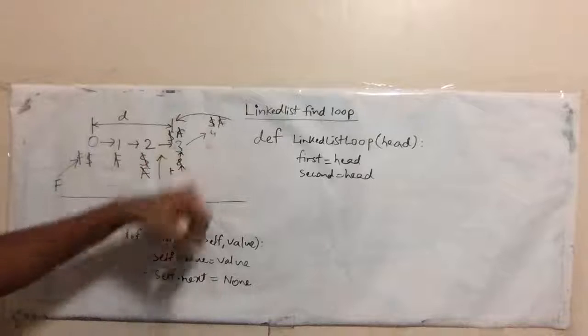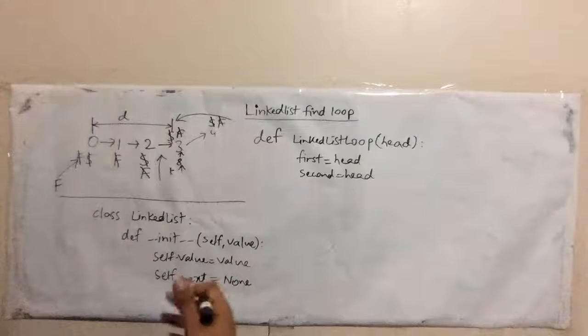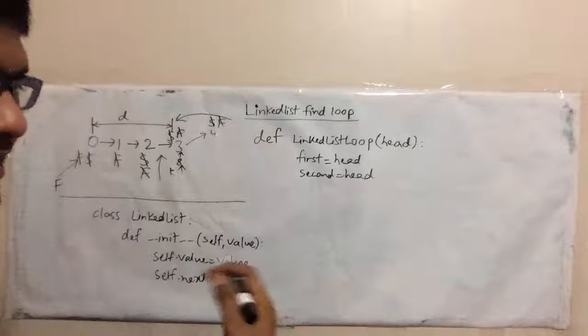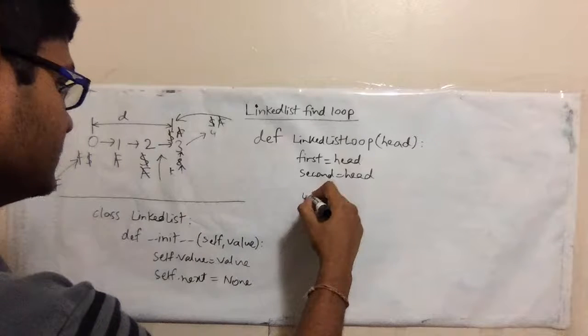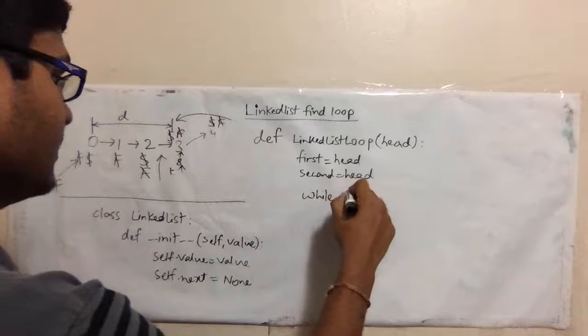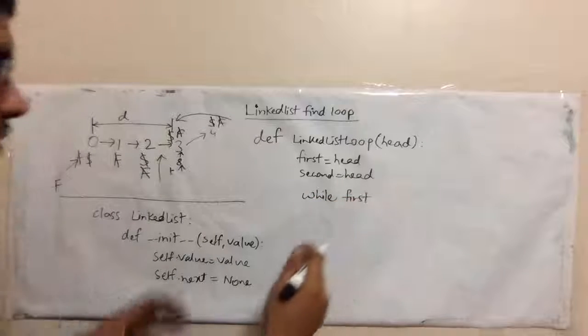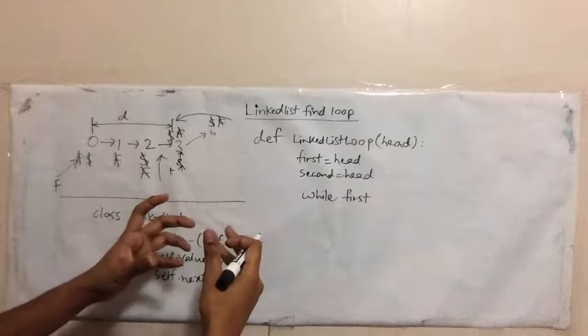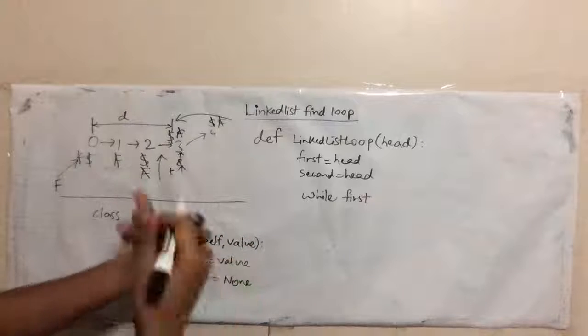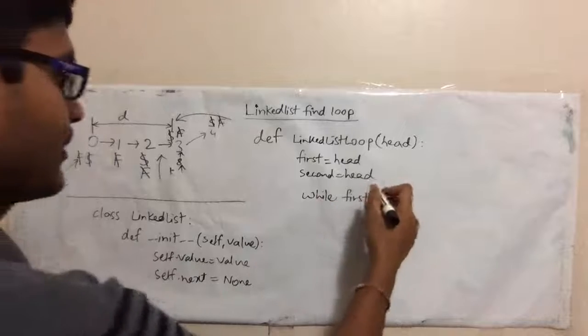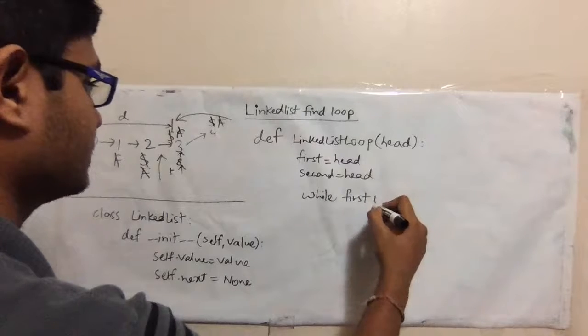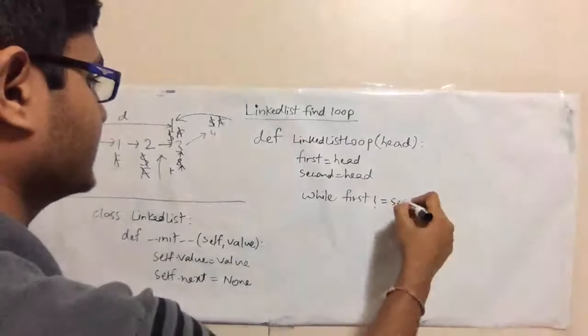And we iterated through the linked list until the first pointer and second pointer became equal. So while first is not equal to second pointer.